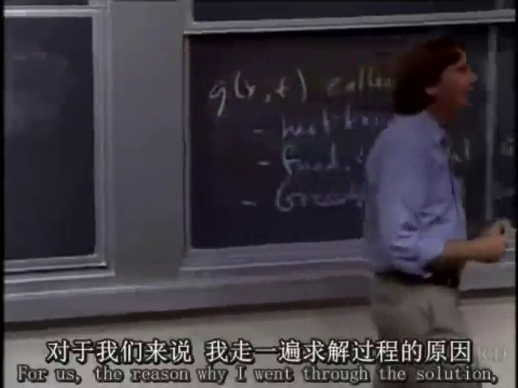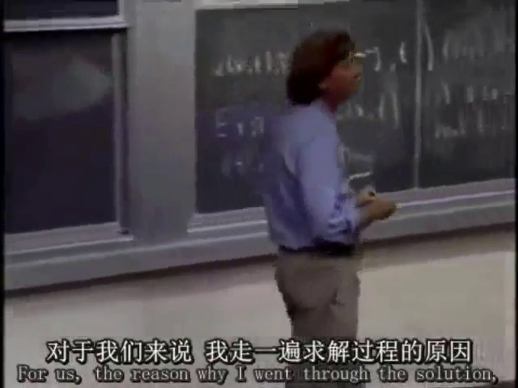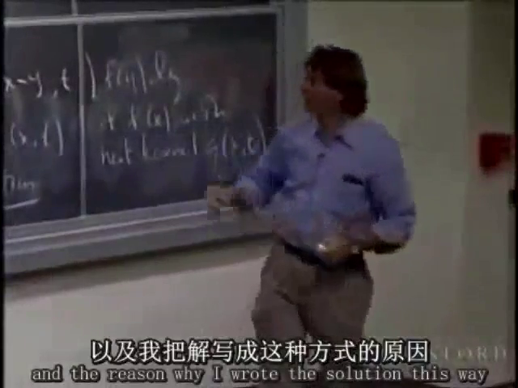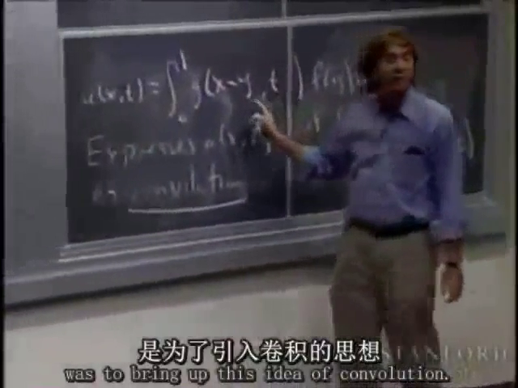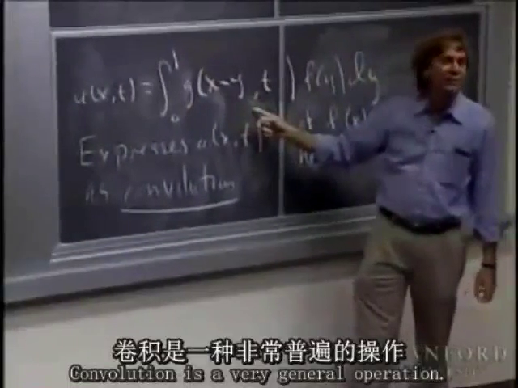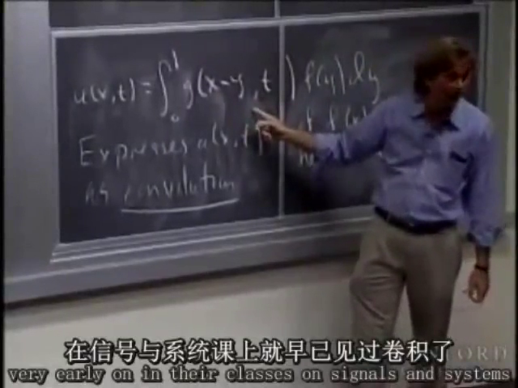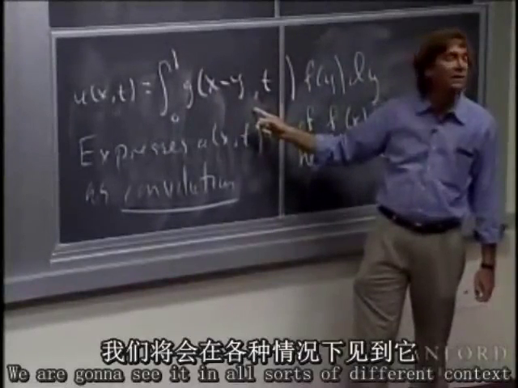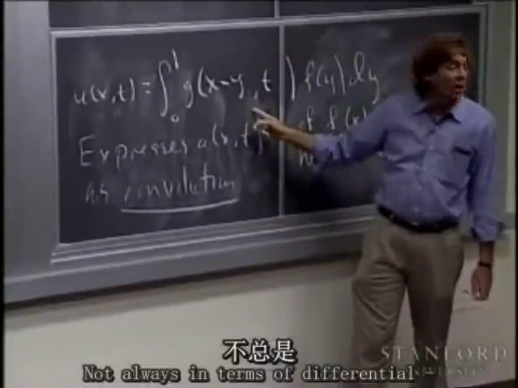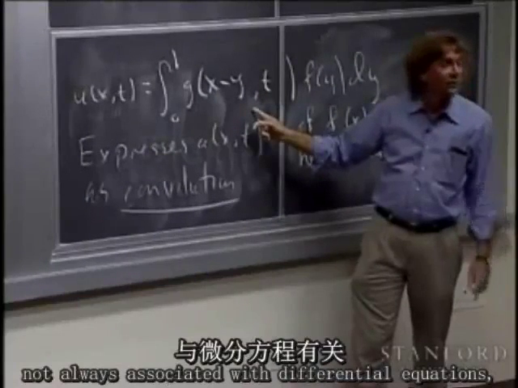All right? For us, the reason why I went through the solution, and the reason why I wrote the solution this way, was to bring up this idea of convolution. Convolution is a very general operation. People in electrical engineering have seen it very early on in their classes on signals and systems. We are going to see it in all sorts of different contexts, not always associated with differential equations, but sometimes.